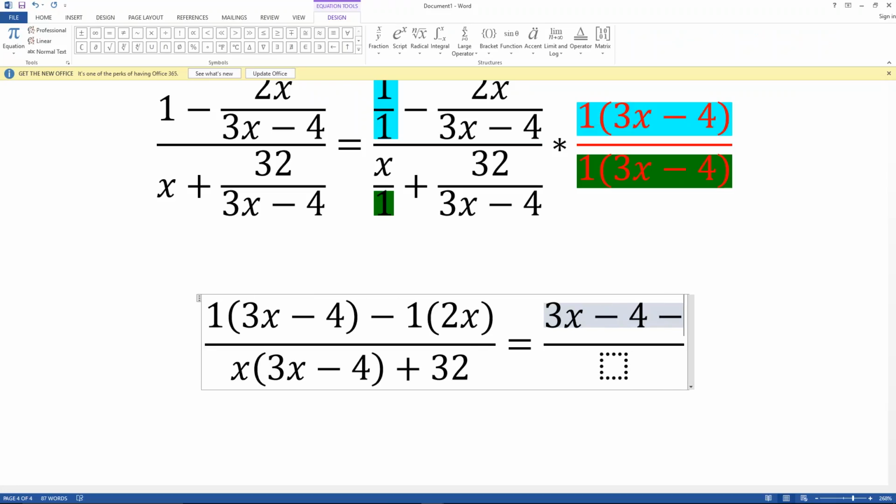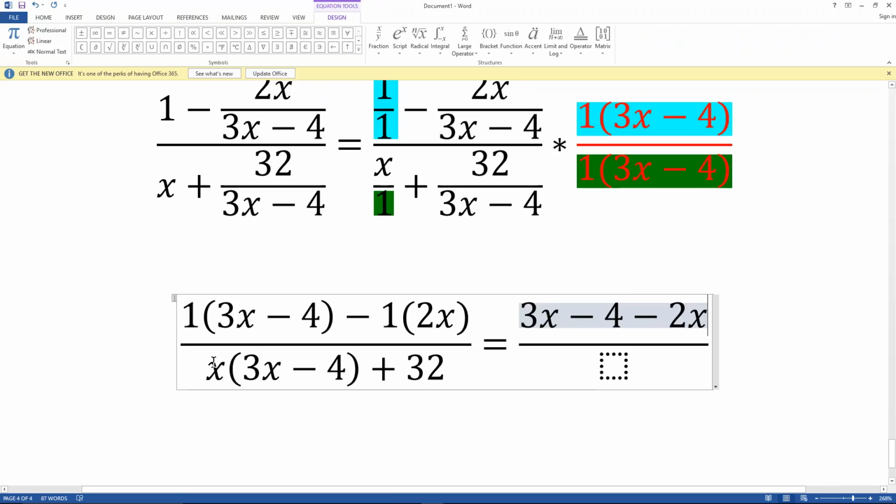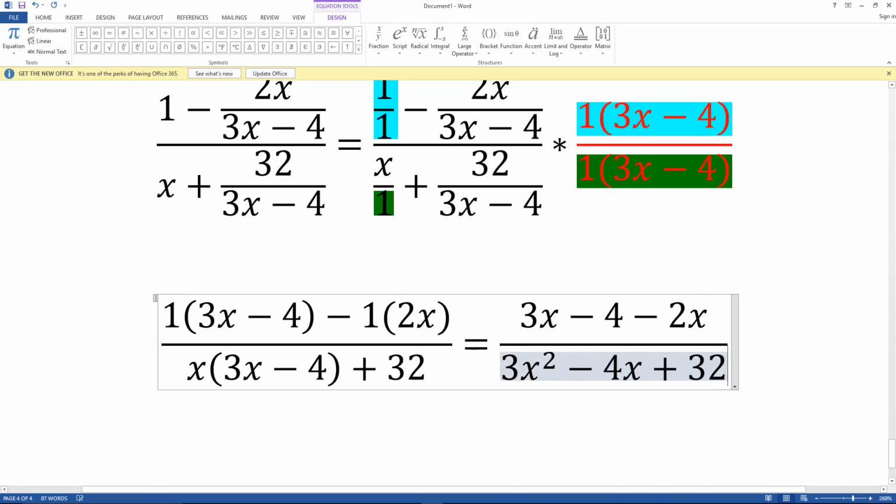Minus 2x over what? 3x squared minus 4x, minus 4x plus 32.